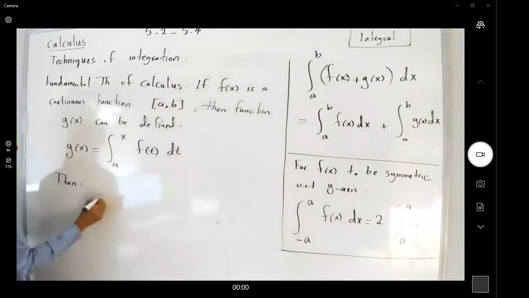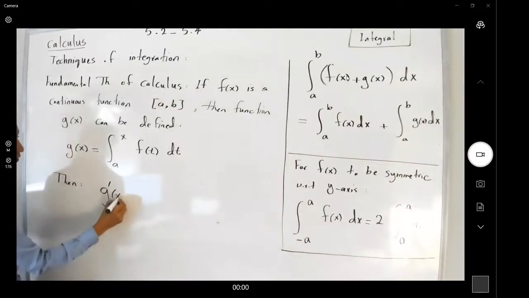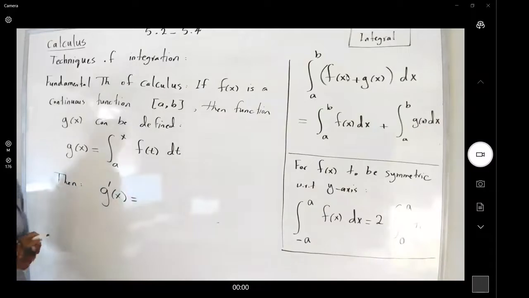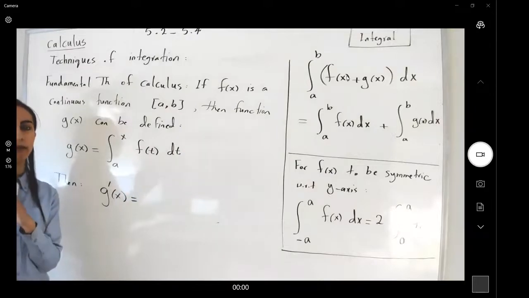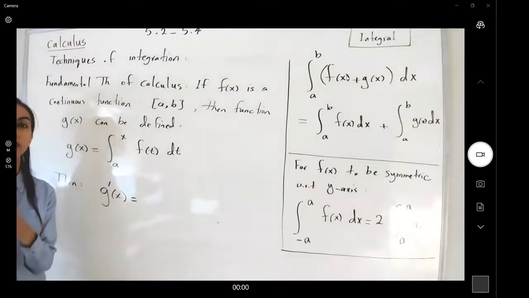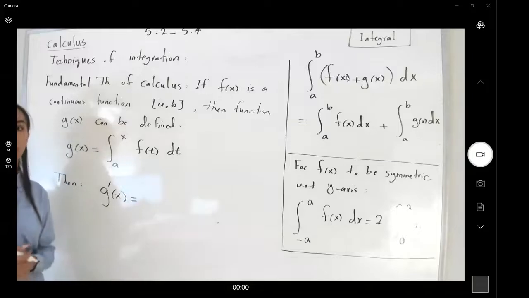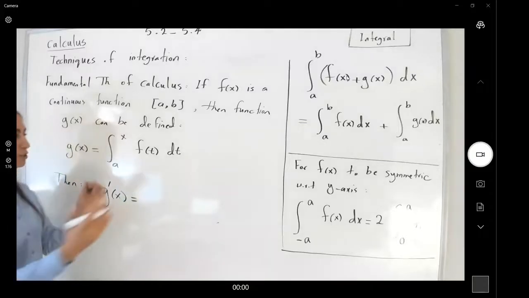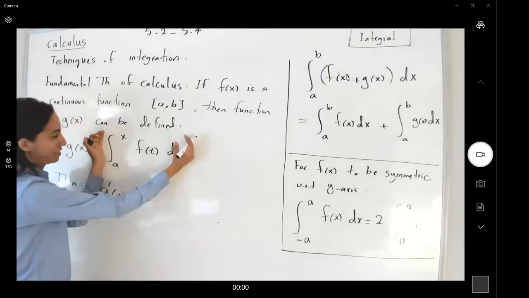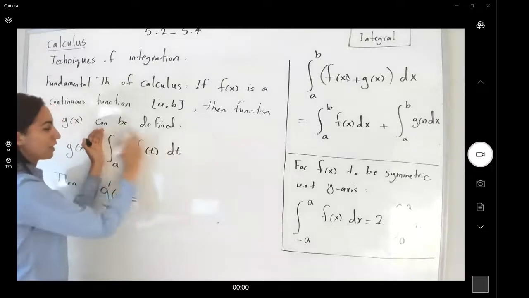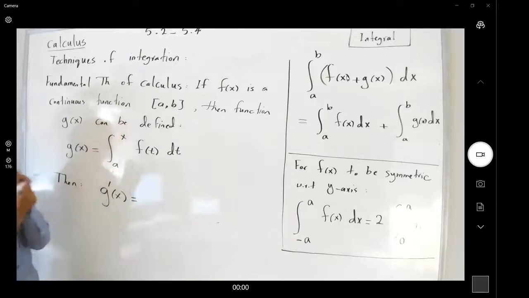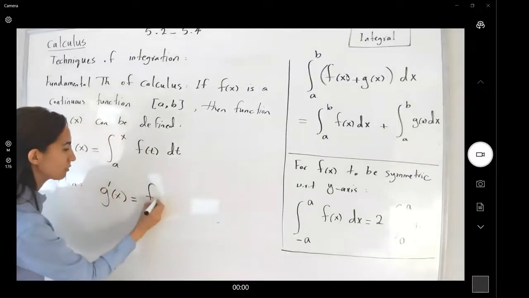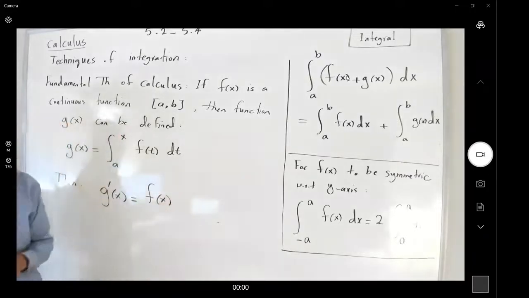The derivative of this function, g prime of x, is equal to, well, remember that the integral, or what you learned previously, the antiderivative, is the opposite of the derivative. So in a sense, when you're taking the derivative of this integral, the derivative and integral cancel out each other. When they cancel out each other, you have f of x.